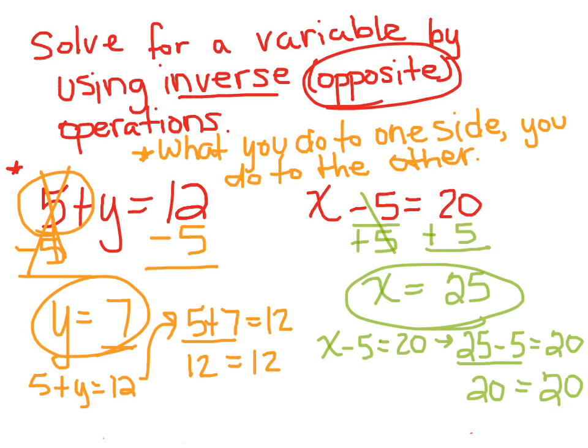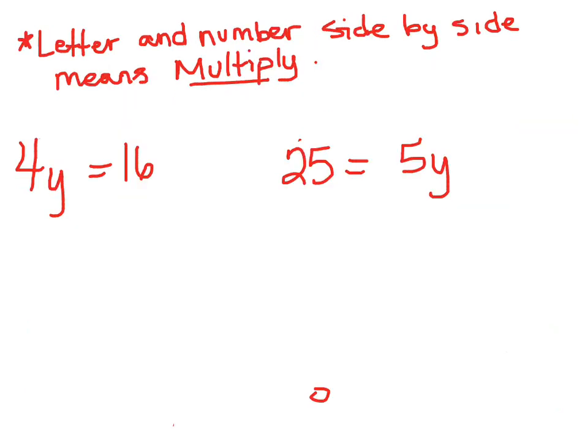Okay, let's look at some multiplication. When you are multiplying, you'll have a letter and a number side by side, and that means to multiply. So when you see 4y equals 16, the 4 and the y side by side means to multiply. The opposite of a multiplication problem is a division problem, so we're going to divide by 4.